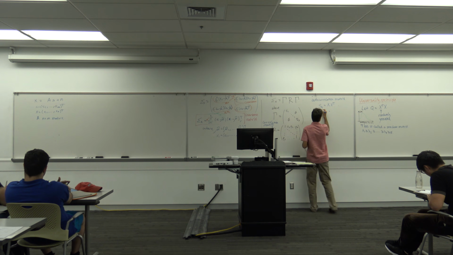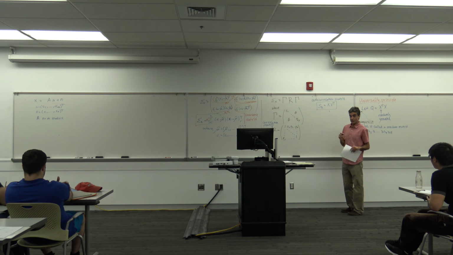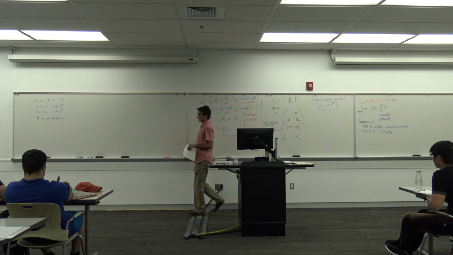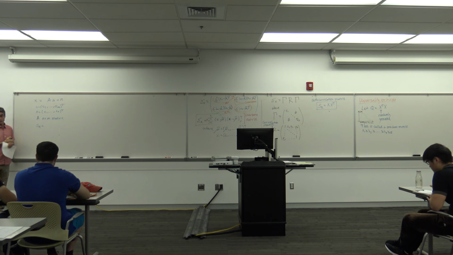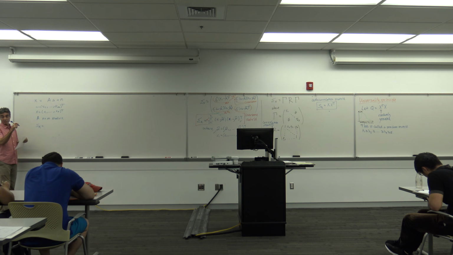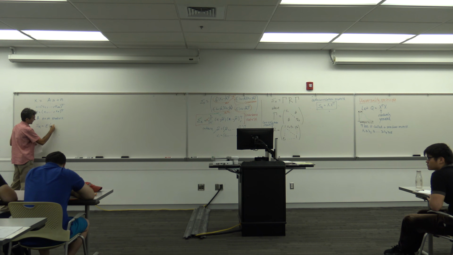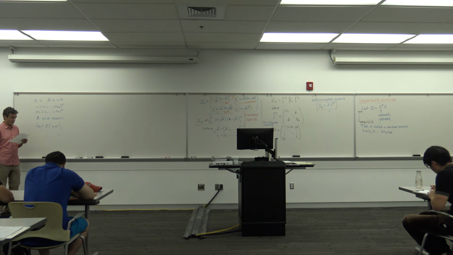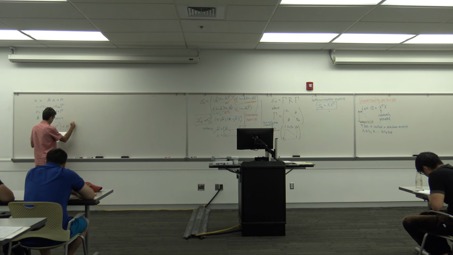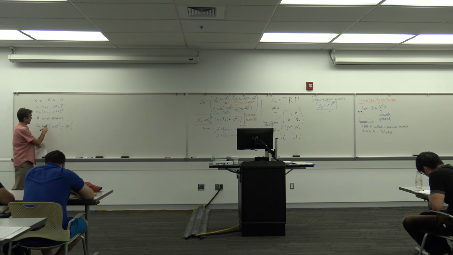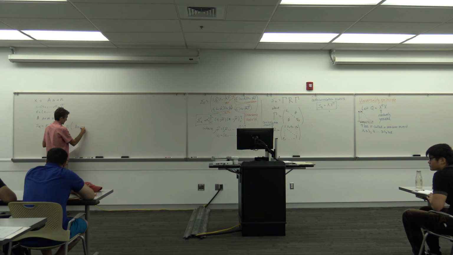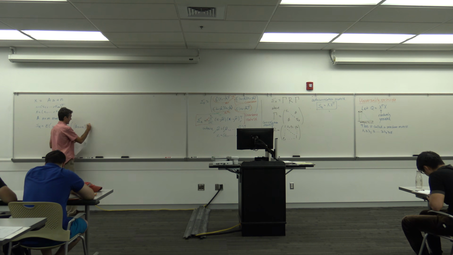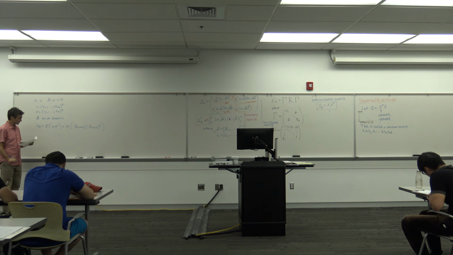Now, let's use the autocorrelation matrix to represent this. So to do that, I'm going to write R of x, it's equal to, remember, the expected value of x x transpose, which is equal to the expected value of, let's see, x is equal to As plus n, so (As plus n) times (As plus n) transpose.